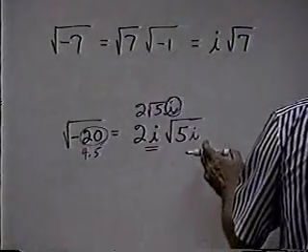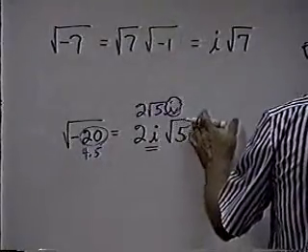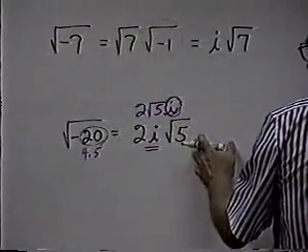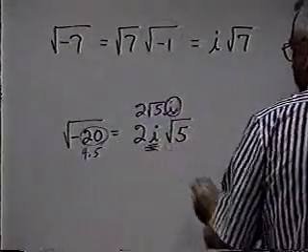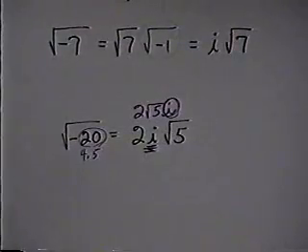So the safest way to do this is to make sure that you don't put the i at the end of a square root. Put it in front of a square root. That's just a preference, not something that makes it right or wrong. Okay, that's what the square root of minus numbers will give us.